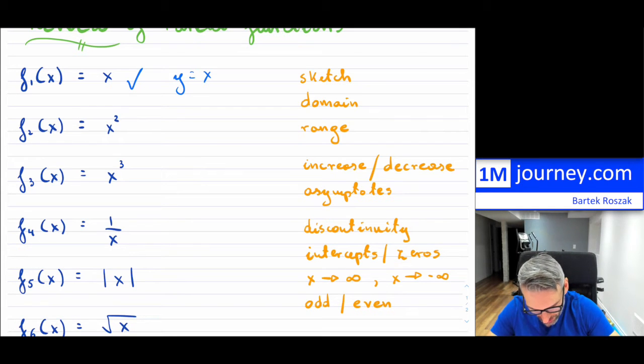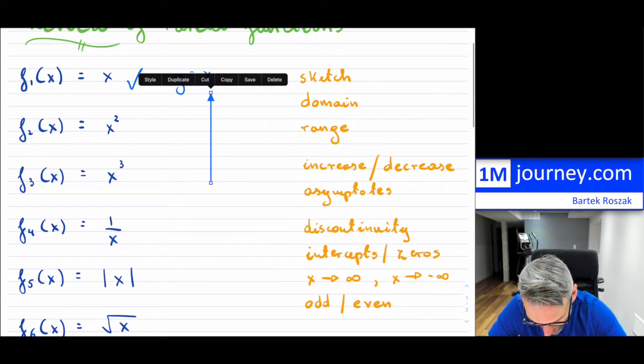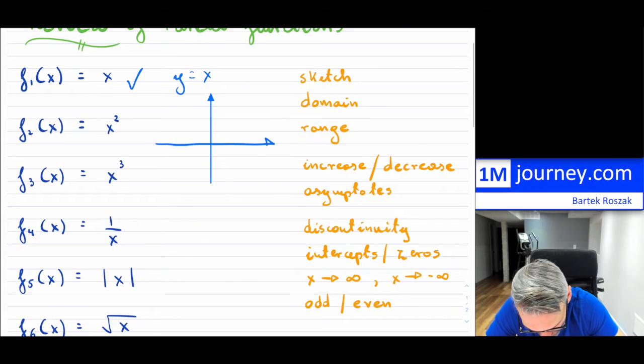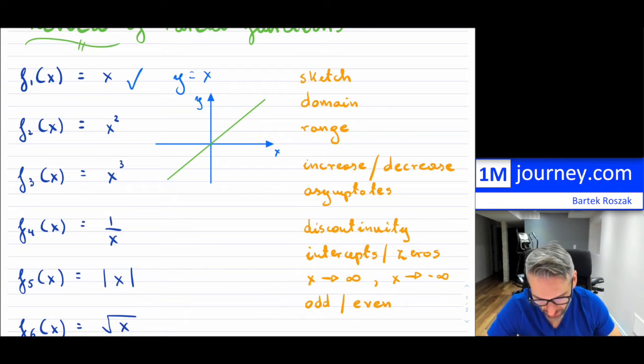I'm going to do a sketch, and then I'll do the sketches of the other ones as well. So this is your x and your y, and for this function, obviously everyone should remember, a nice straight line.